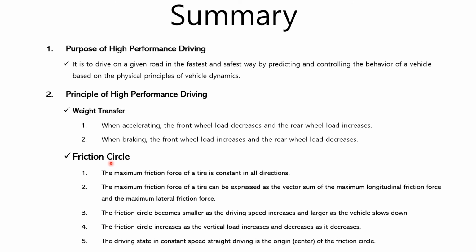As for the friction circle, the maximum friction force of a tire is constant in all directions. The maximum friction force of a tire can be expressed as the vector sum of the maximum longitudinal friction force and the maximum lateral friction force. The friction circle becomes smaller as the driving speed increases and larger as the vehicle slows down. The friction circle increases as the vertical load increases and decreases as it decreases. The driving state in constant speed straight driving is the origin, the center, of the friction circle.